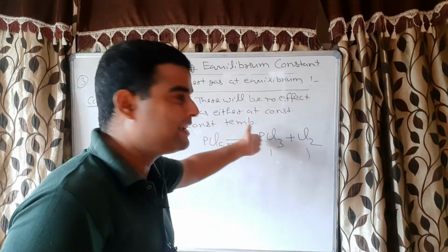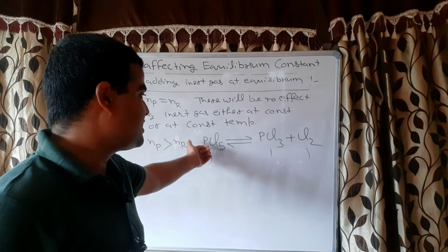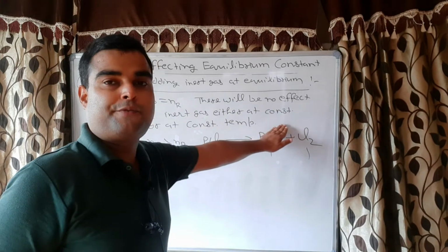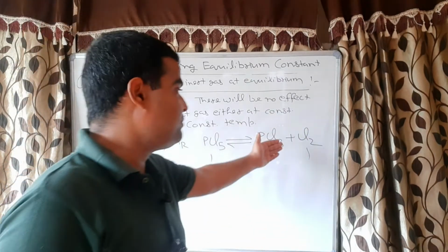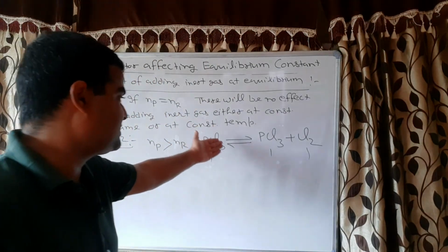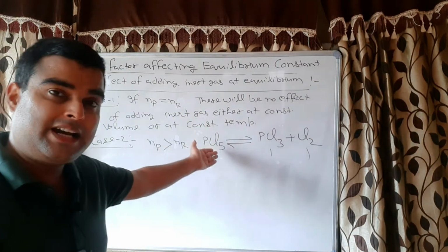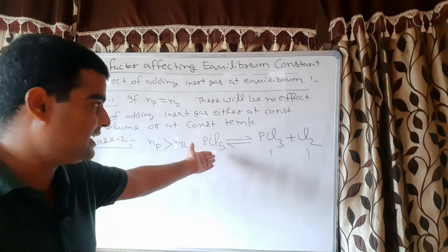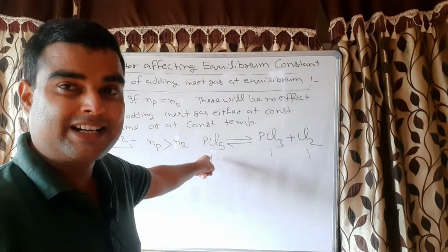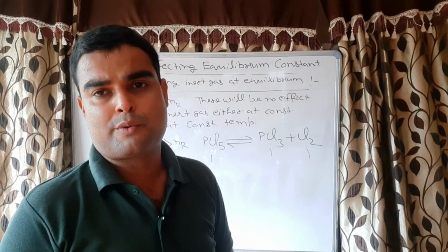By carrying the reaction in forward direction, because when it will carry the reaction in forward direction, then the number of moles of reactant will decrease, and when it will carry out in forward direction, it means number of moles of the product will further increase, and the condition actually of this reaction itself is NP is greater than NR. And when we are adding the inert gas here, then also it is favoring the NP is greater than NR, correct or not? It means the reaction will go in more forward direction.